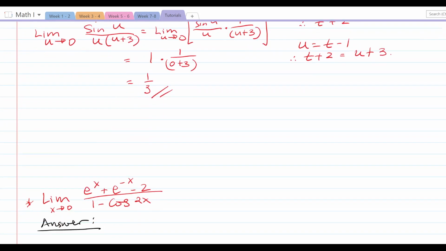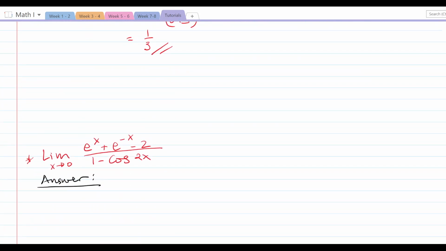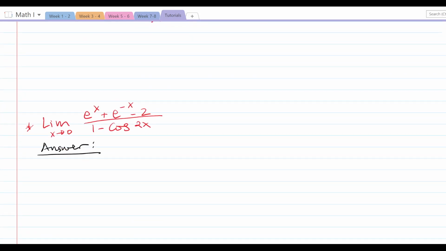Okay, so let's do another one. What's the limit of e to the x plus e to the minus x minus 2, all over 1 minus cos 2x?